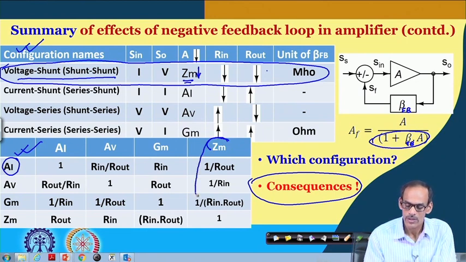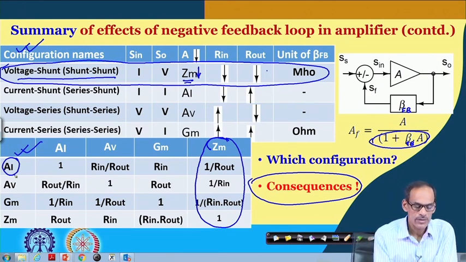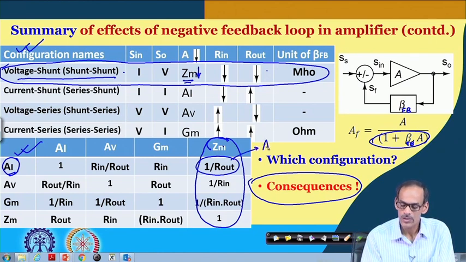If I see this column, it gives an indication that the current gain of this configuration is Zm divided by R out. So, the current gain of the circuit, AI, is equal to Zm divided by R out.